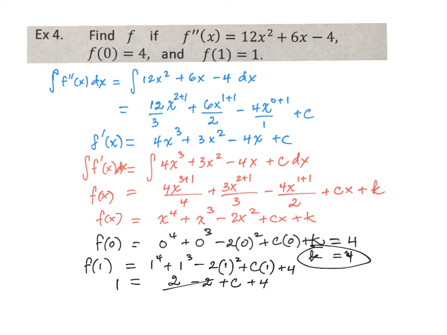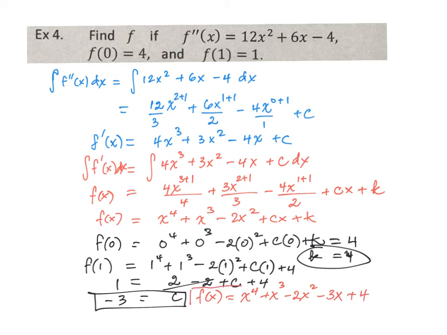So cancel the 2 minus 2, and I have c equals negative 3. Now we found the value for c. Now our final answer is f of x equals x⁴ plus x³ minus 2x² minus 3x plus 4. And that is our particular solution for the given initial value.